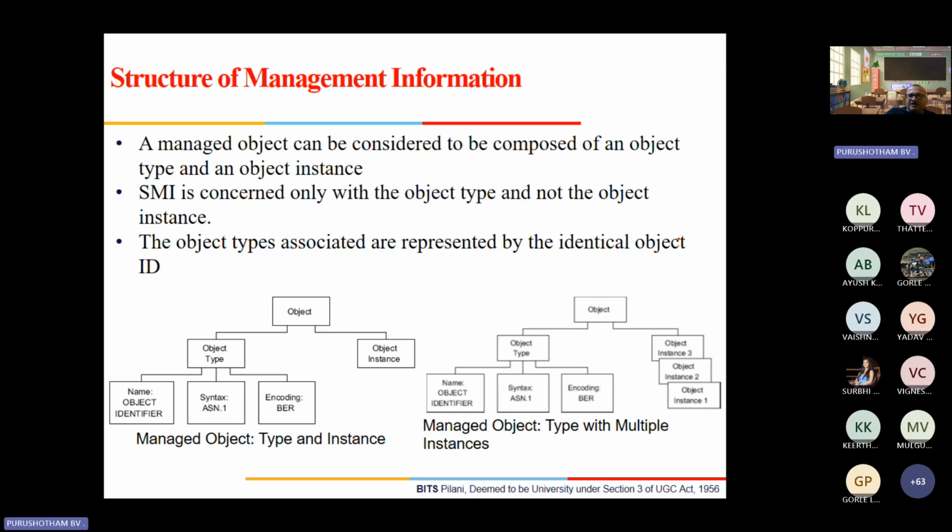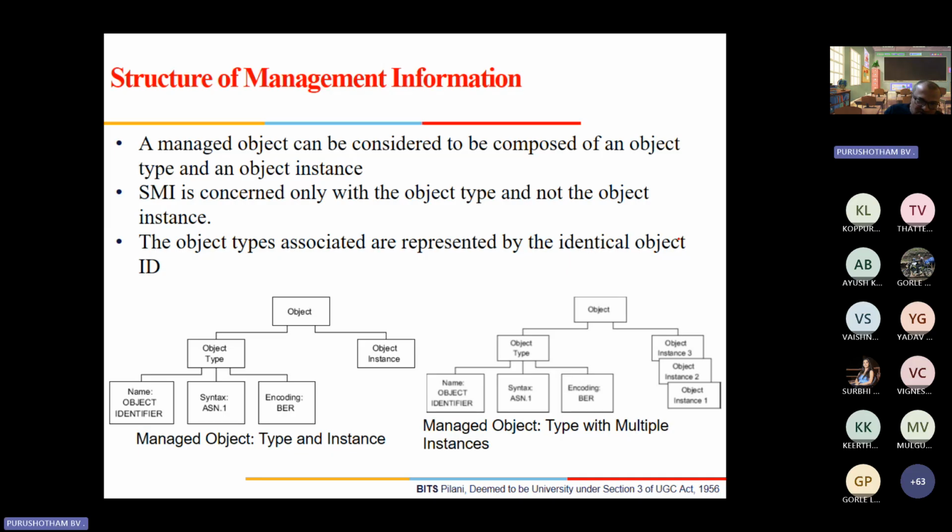A managed object can be considered to be composed of an object type and the object instance. SMI is concerned only with the object type and not the object instance. The object types are represented by the object identifier. For example, an object is going to have an object type and the object instance.